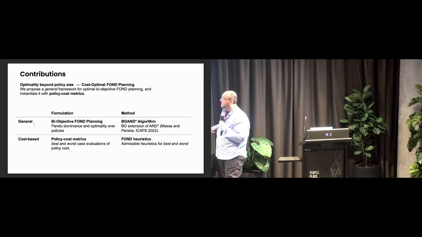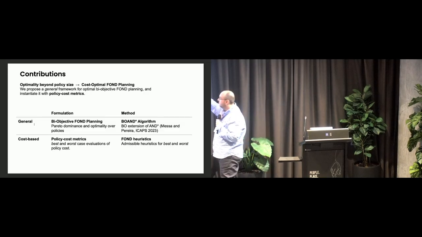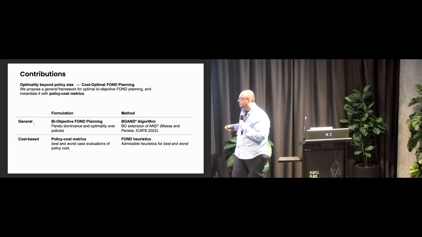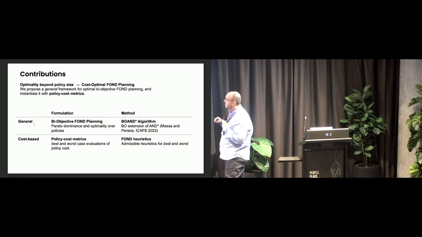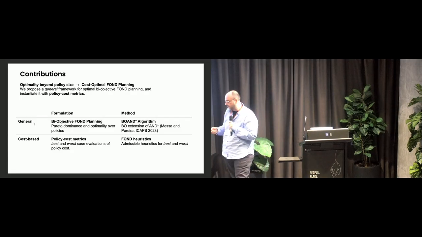But then we instantiate this task with policy cost metrics, in particular the best and the worst case that we saw in the example. Then at the method level, we present a new algorithm, BOA*, which is an extension of an existing algorithm, A*. And since these two algorithms are A*-style algorithms, we're also going to design some admissible heuristics for these algorithms and for the two metrics that we consider.